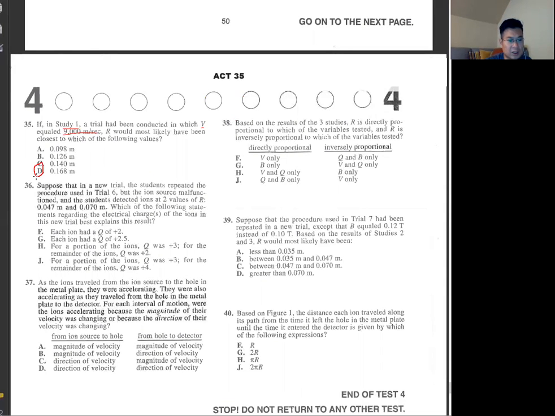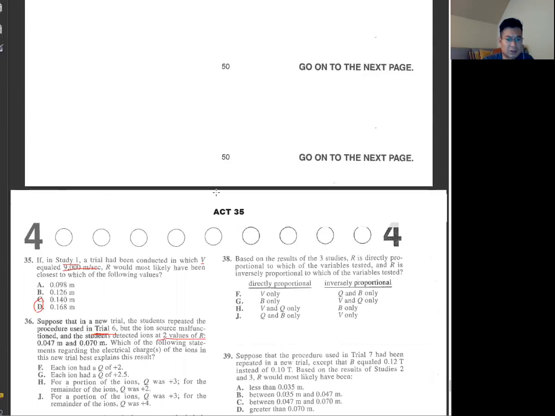0.14 is B. So 36, suppose in a new trial, a student repeated the procedure used in trial 6. The iron source malfunctioned. The student detects ions at 2 values of R. Which of the following statements regarding the electrical charges of ions in this new trial best explains the result?